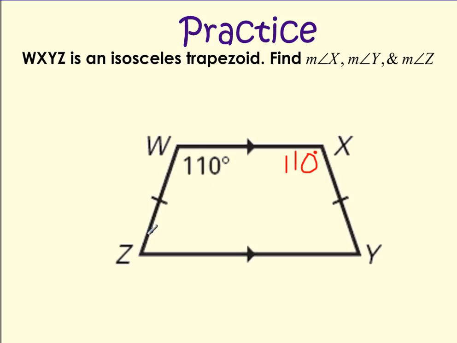Now, we don't know what the other base angles are, but we do know that they're going to be congruent. So we can set up an equation in order to solve. We know that 110 plus 110 plus, we'll call this variable P, so plus 2P is going to be equal to, all quadrilaterals have a sum of 360 degrees.